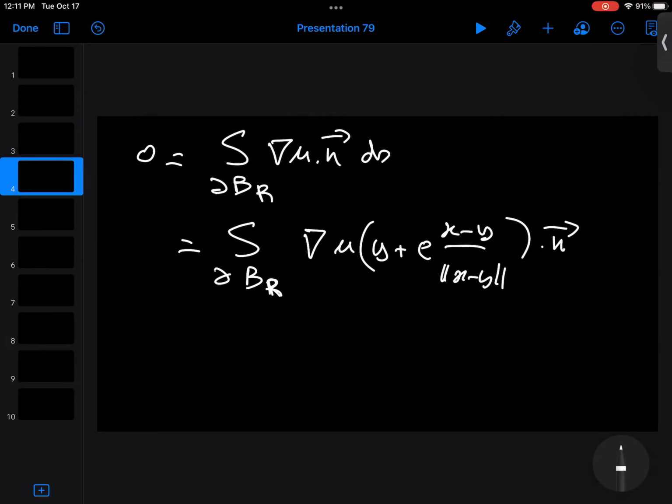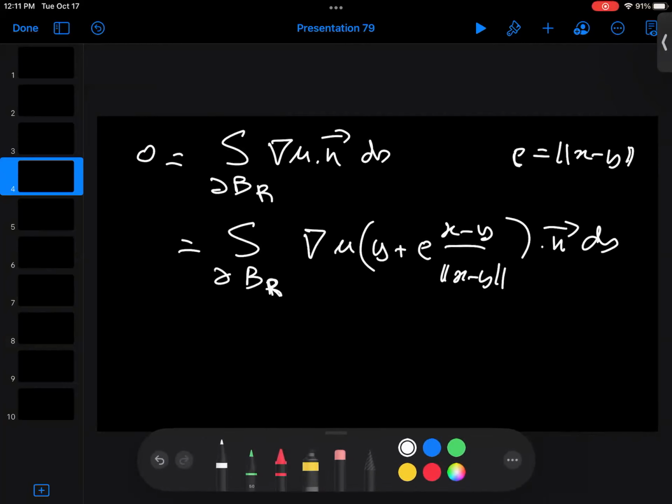And I keep the rest. With rho equals actually the norm of x minus y, and x belongs to this sphere of radius r. Right. But so sorry, I will just write this in general. It's a rho, right? I'm not integrating on r. It's a rho that belongs to (0, r).